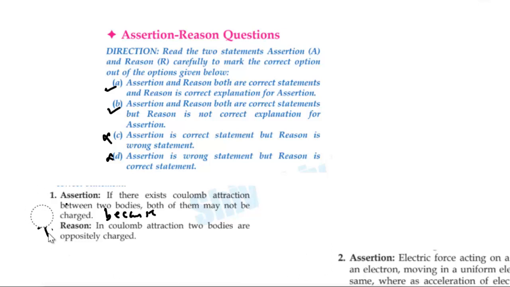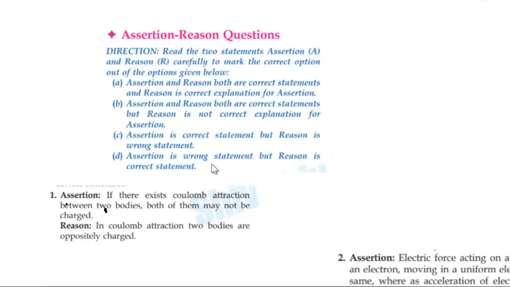Okay, so here shall we start our questions? The first one, assertion is given like, if there exists Coulomb attraction between two bodies, both of them may not be charged.